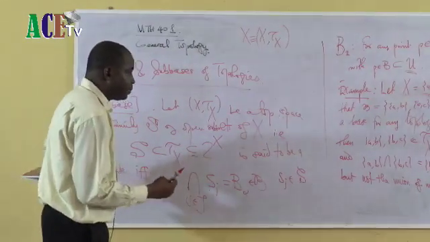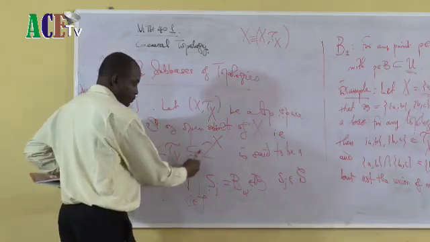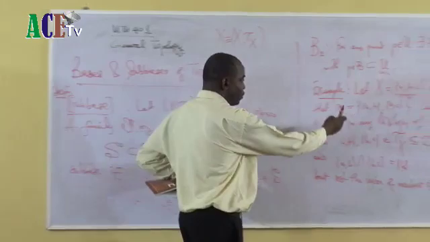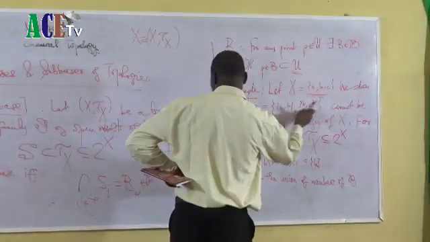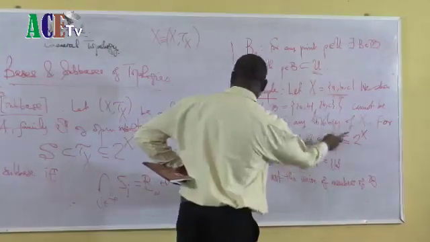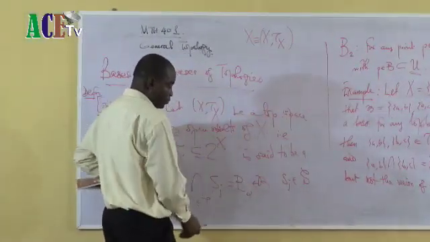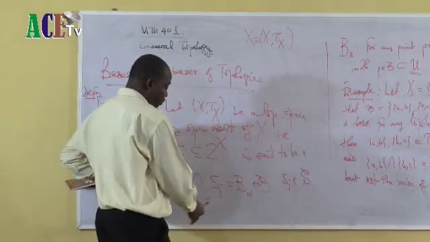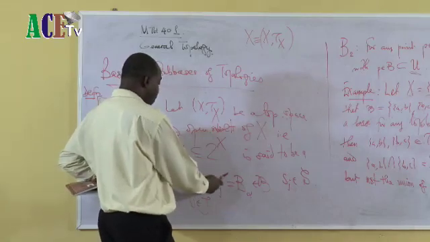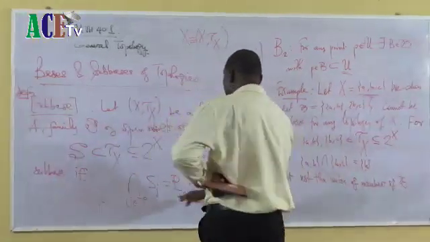By the time you take the intersection of members of the base, or let me say any two subsets of a topology, the outcome of as many arbitrary intersections of elements of those subbase gives you a base.